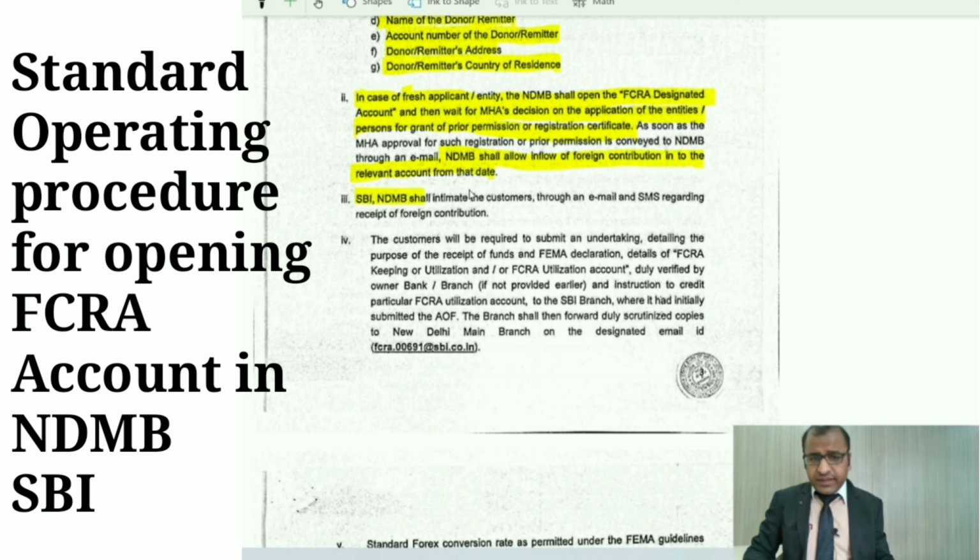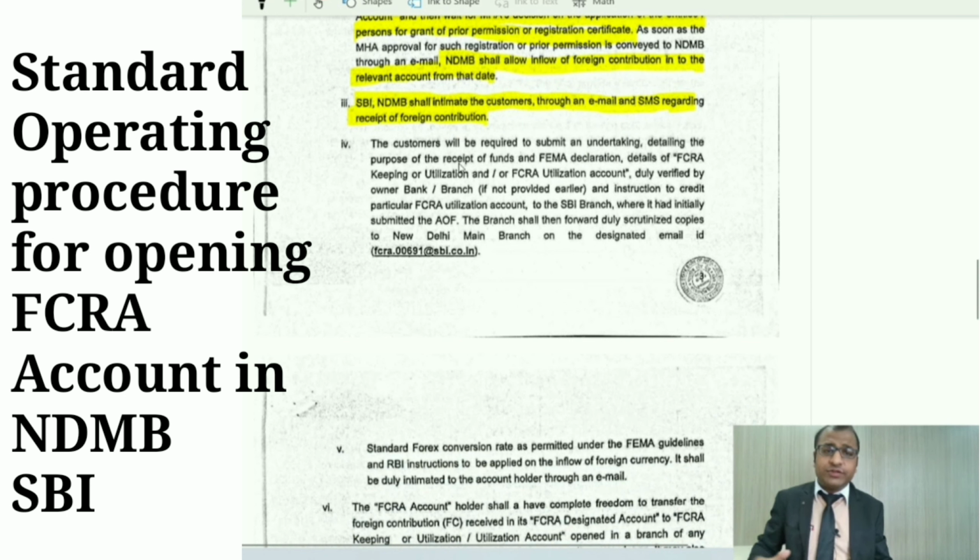The SBI NDMB shall intimate the customers through an email and SMS regarding the receipt of foreign contribution. So from now onwards, you will be receiving an email as well as an SMS on the details registered with the SBI NDMB, which you must have given at the time of account opening, whenever any money has come into the SBI NDMB.